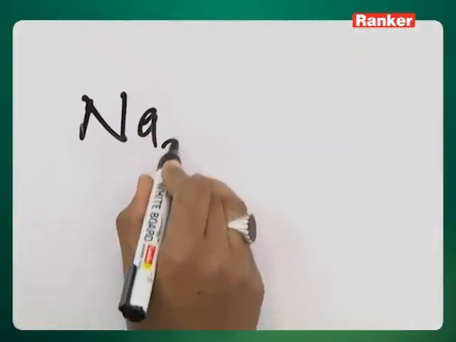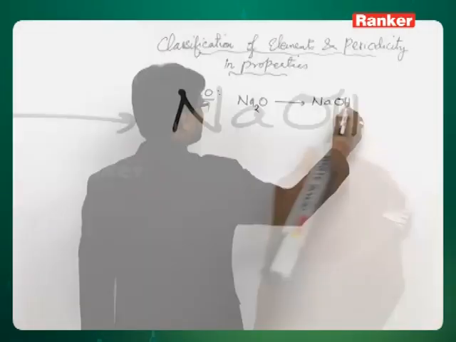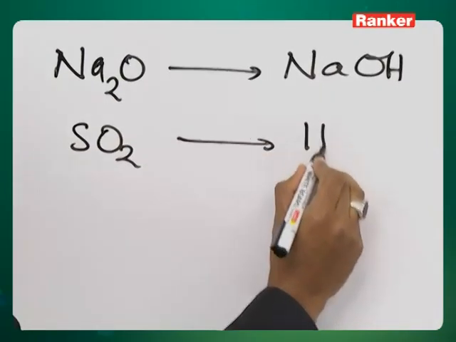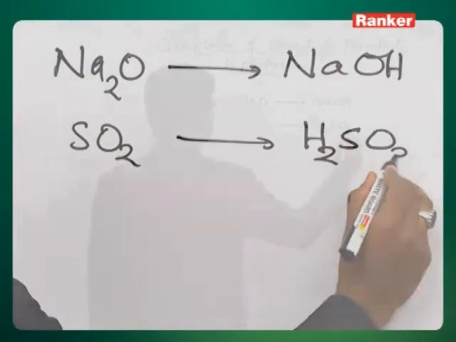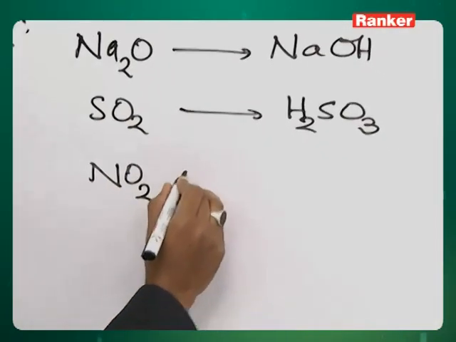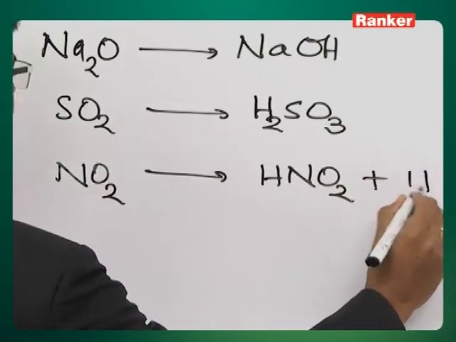When you dissolve Na2O in water, it will produce NaOH, as you know it. Second option, if you dissolve SO2 in water, you will get H2SO3, sulfurous acid. If you dissolve NO2 in water, you get a 1:1 mixture of HNO2 and HNO3.